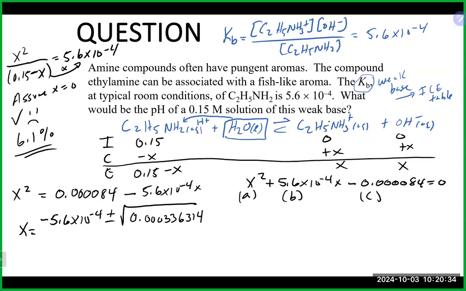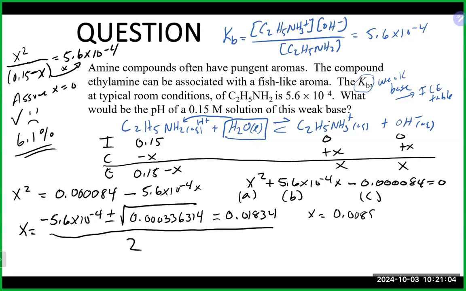Do a little square root action on it. Going to give us a 0.01834, all divided by 2 times a, which is 2. That will give us 2 x values here. That's going to give us an x value if we go the plus root, minus 5.6 times 10 to the minus 4 plus 0.01834 divided by 2 gets us 0.00889.